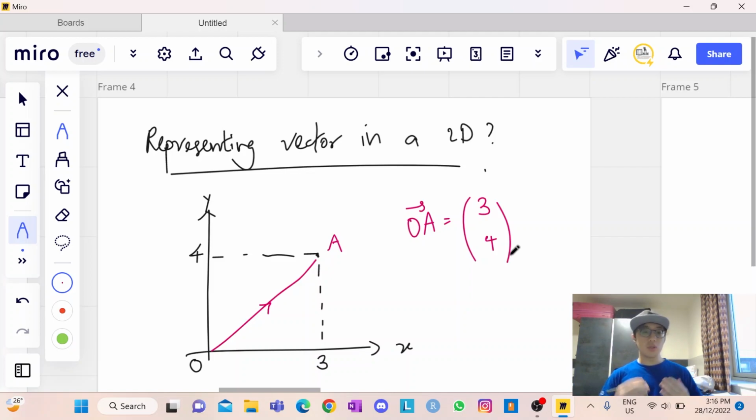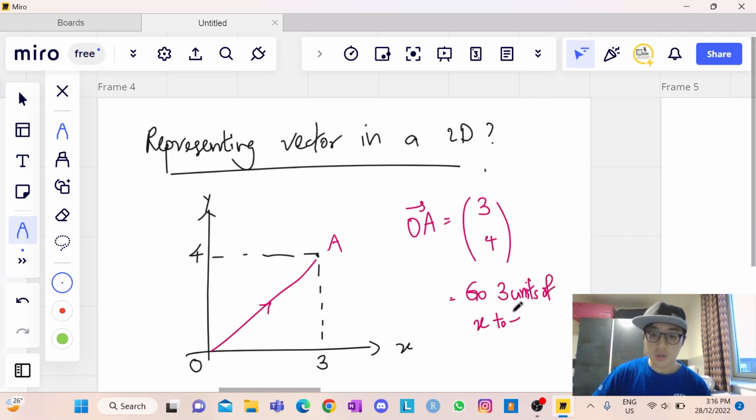This is the difference between a vector and a coordinate. You must always represent them in a vertical form, where the top part is x and the bottom part is y. This means that you go 3 units of x to the right and 4 units up.